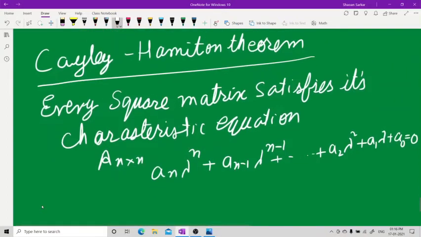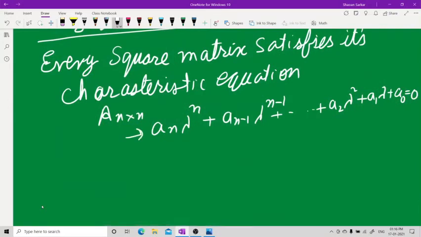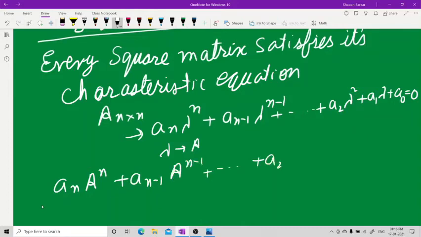Then this equation will be satisfied by A. That means if you replace lambda by A, you will have a n A to the power of n plus a n minus 1 A to the power of n minus 1 plus so and so forth, plus a2 A square plus a1 A plus a naught times the identity, because A is of that form. This will be 0. This is the Cayley-Hamilton theorem.